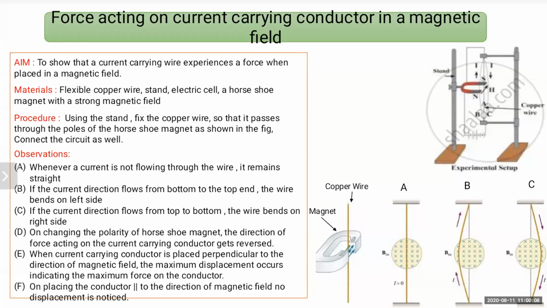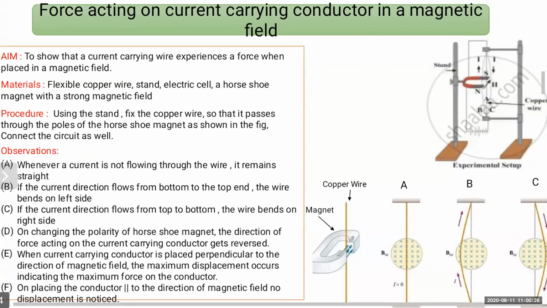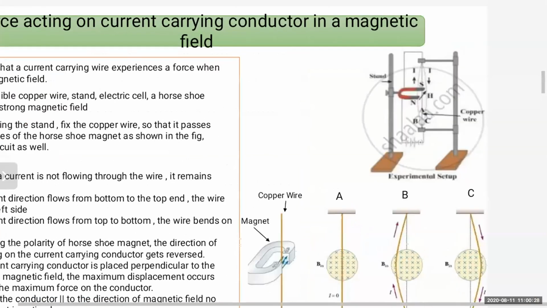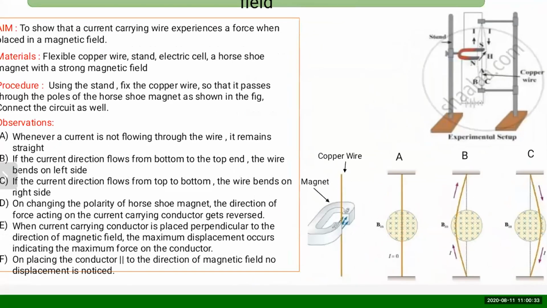That is your point C. So remember, when the current flows from bottom to top, the wire bends on the left side, and when the current flows from top to bottom, the wire bends on the right hand side.